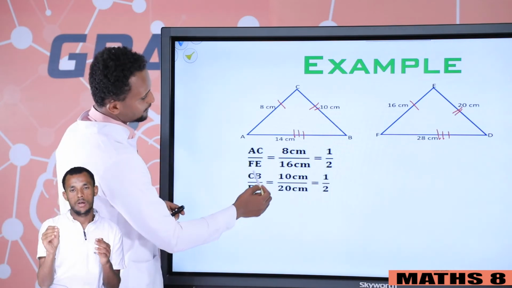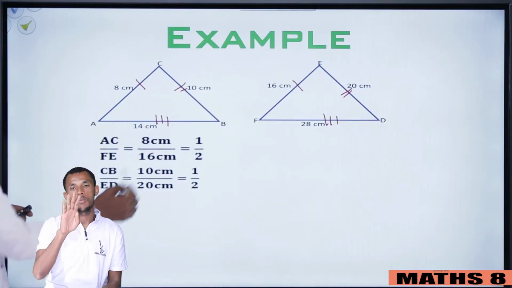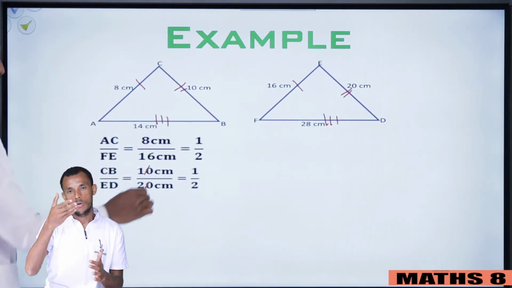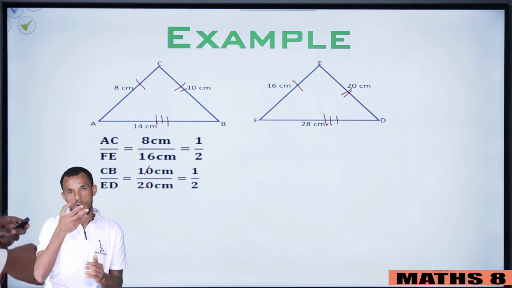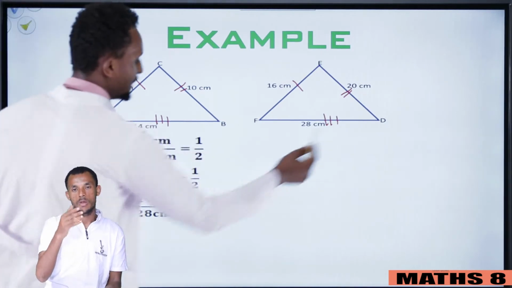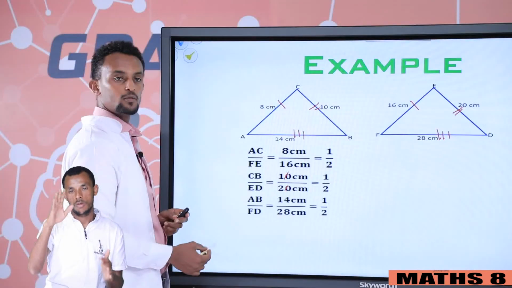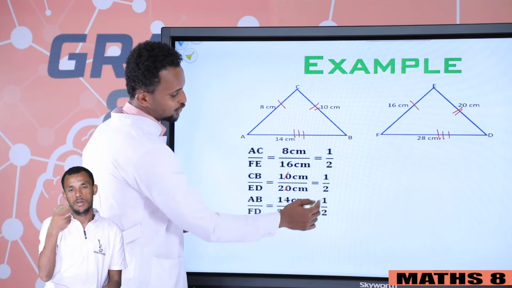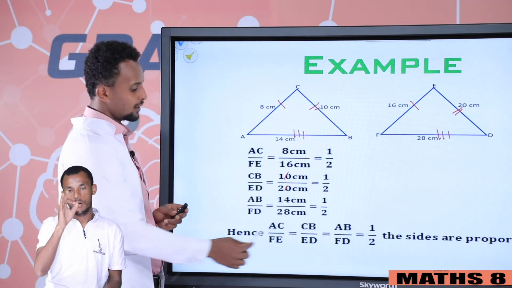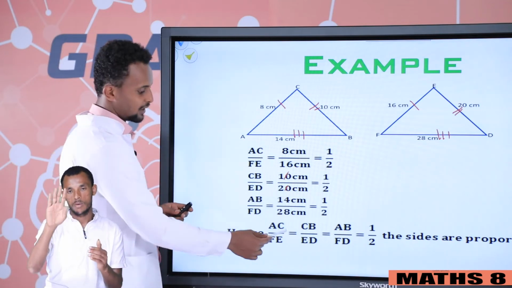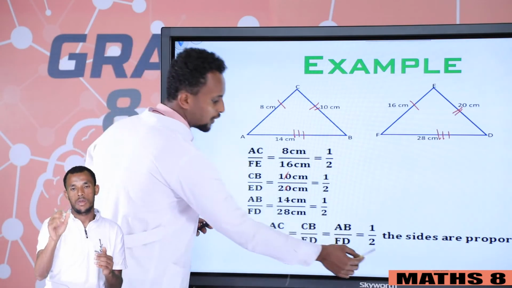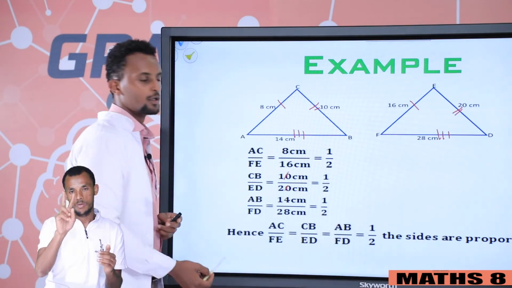And CB over ED is 10 over 20, the 0 cancelled by 0, that is 1 over 2. And the last one, AB over FD, that means 14 over 28, which is 1 over 2. Therefore, AC over FE is equal to CB over ED is equal to AB over FD is equal to 1 over 2.